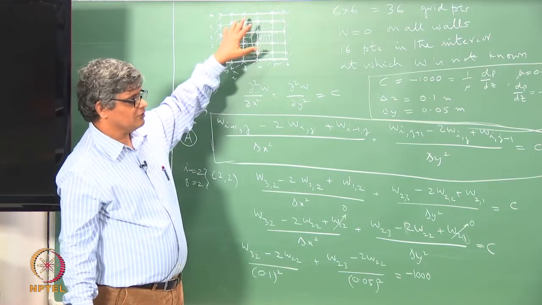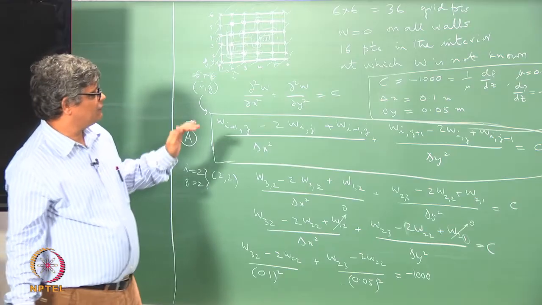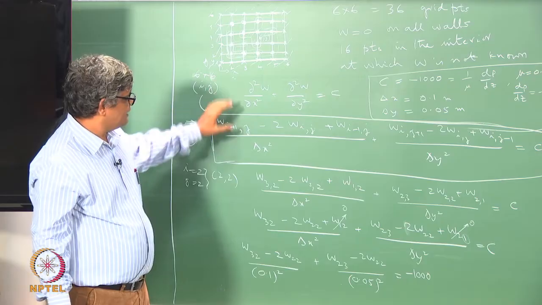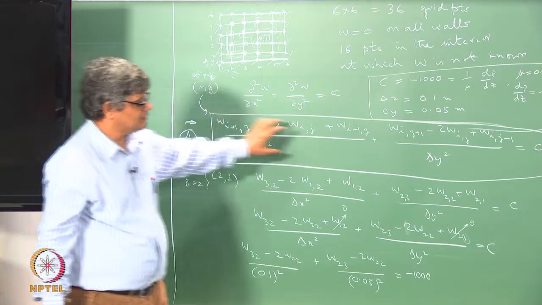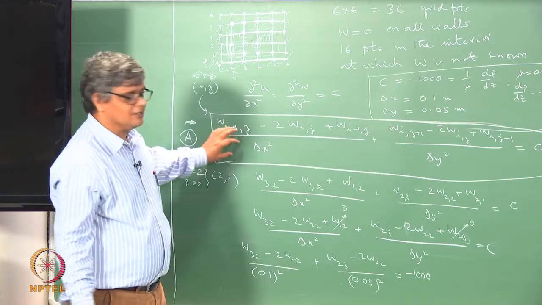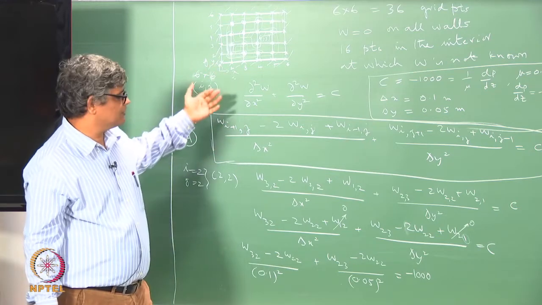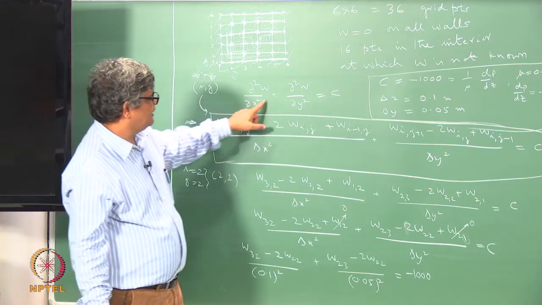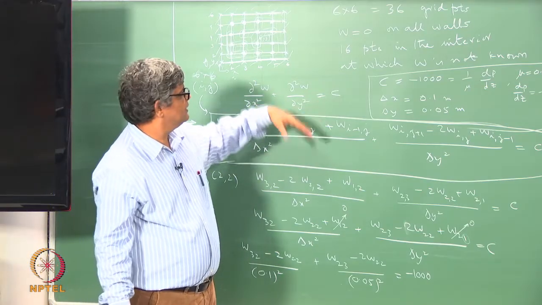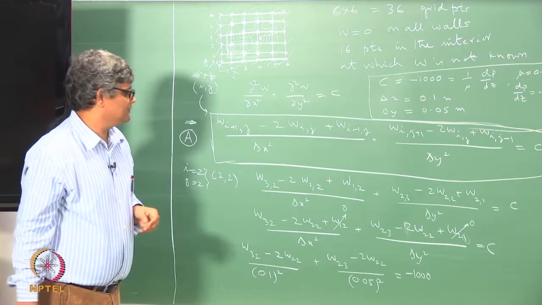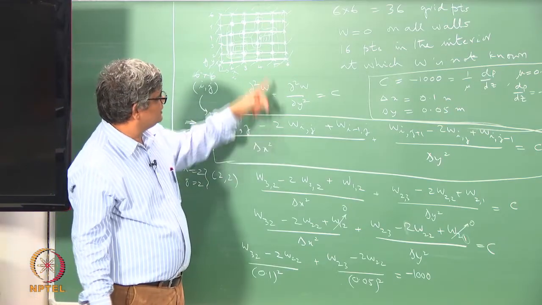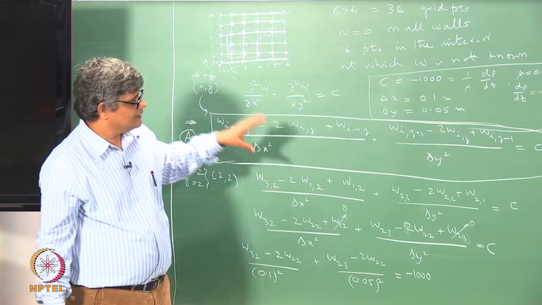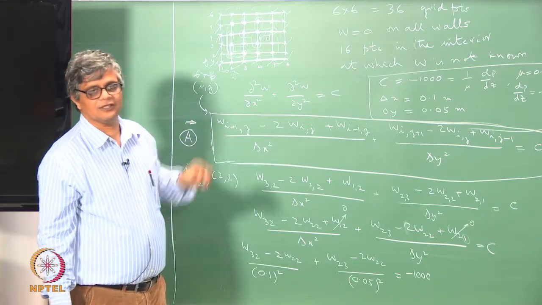This computational molecule depends on the equation that we are trying to solve and the difference approximations that we are trying to make. So, if we make use of another approximation, then the computational molecule may change, and if we have additional terms in this, again the computational molecule will change, and the coefficients for each of these points, like 1, 2, 1, also depend on the difference formula that we use.